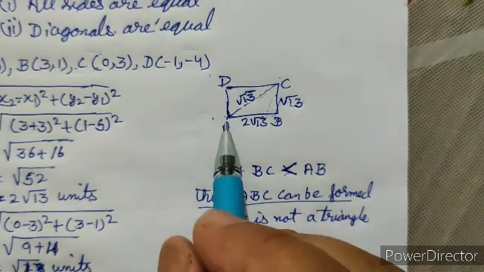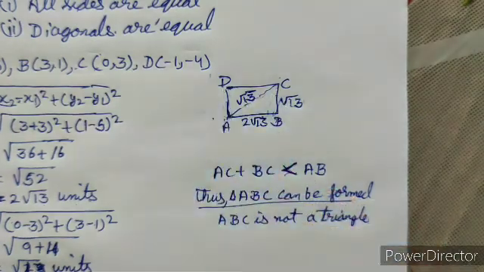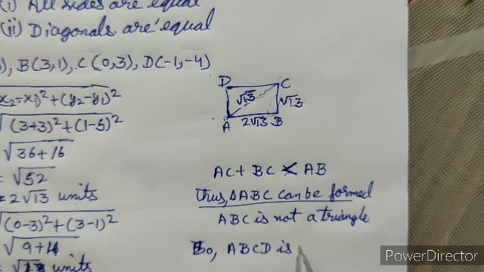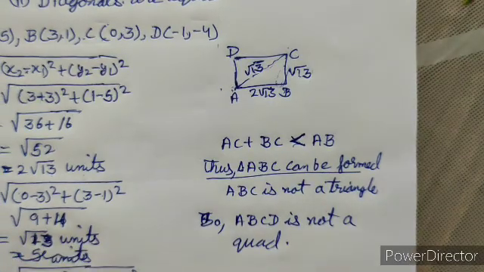And if ABC is not a triangle, then we can say that ABCD is not a quadrilateral. So we can say ABCD is not a quadrilateral, or the given vertices are not the vertices of a quadrilateral.